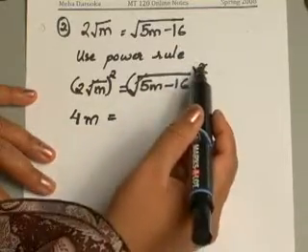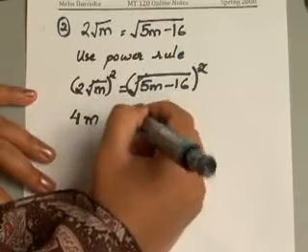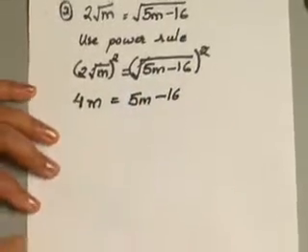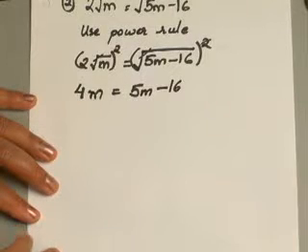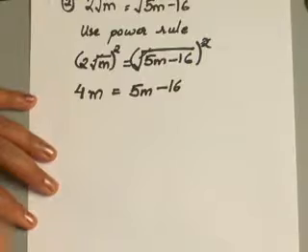On the other side, of course, the square and the root cancel each other out, and we end up with 5m minus 16. Okay, so again, now once you get rid of your radicals, just go ahead and solve this equation like you normally do.